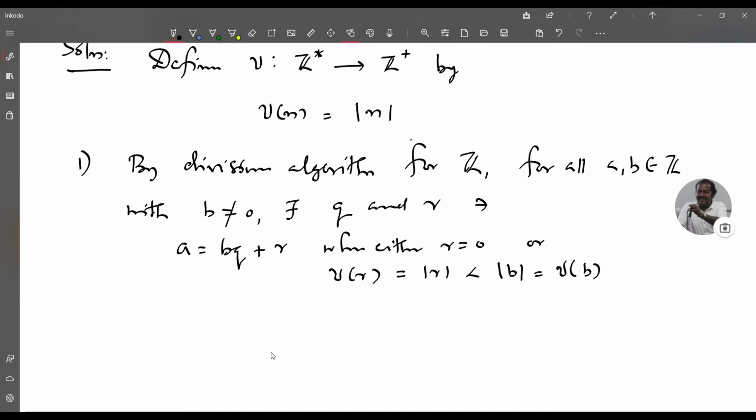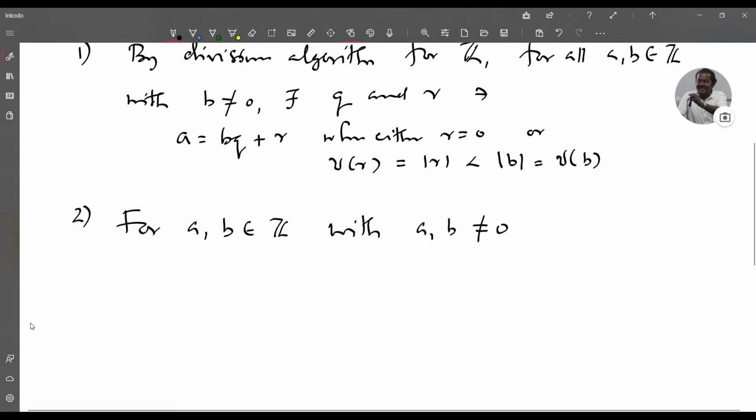2. For A, B in Z with A, B not equal to 0, we have nu of A is equal to modulus of A. This is less than or equal to modulus of AB, that is equal to nu of AB.